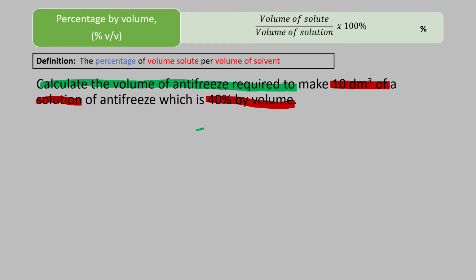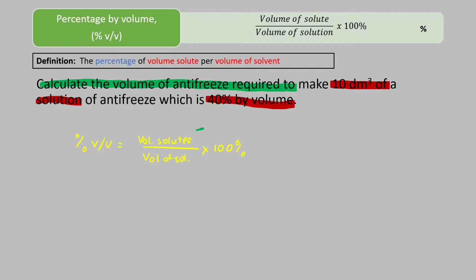So what I need you guys to remember is to always write the formula first. Percentage volume by volume is equivalent to volume of solute over volume of solution, times 100. So what has been given?